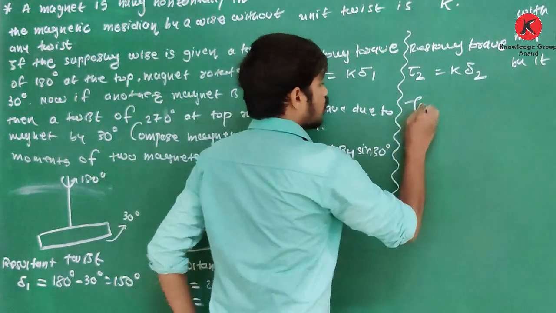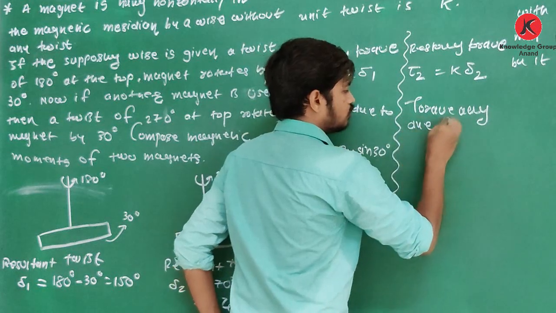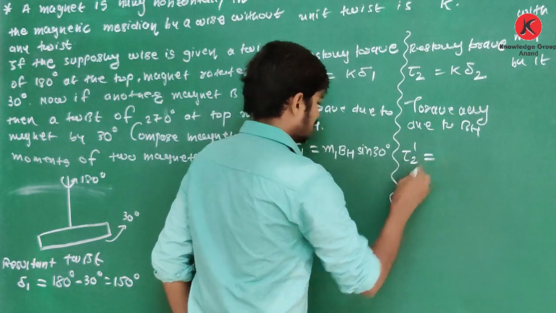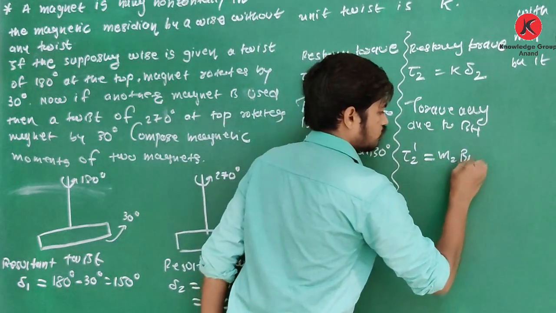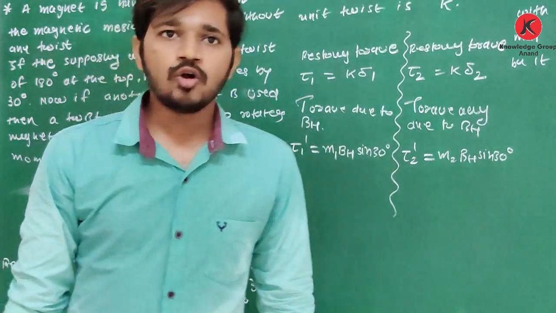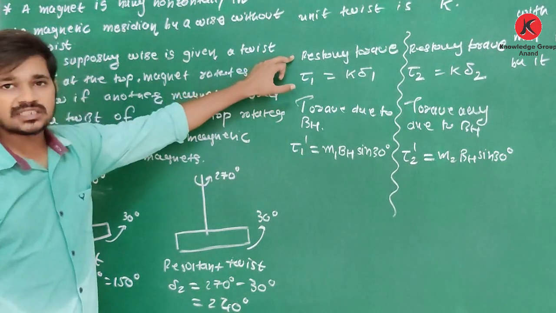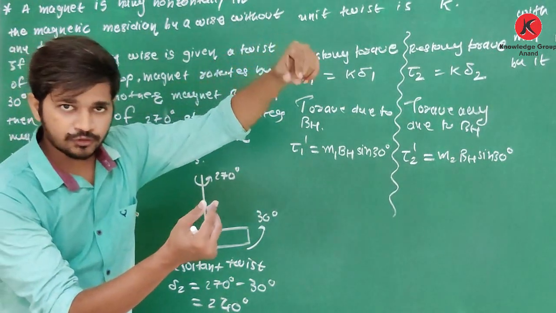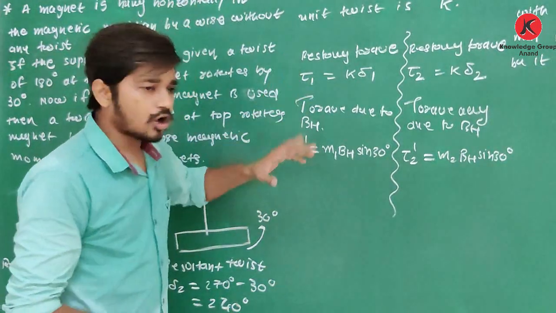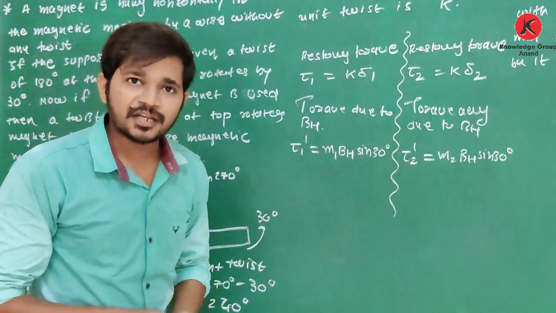For this case, the torque acting due to BH is tau 2 dash equal to M2 BH sine 30. Now on the first magnet, two torques are acting: first, due to the twist produced in the wire, and another is the torque due to Earth's magnetic field.